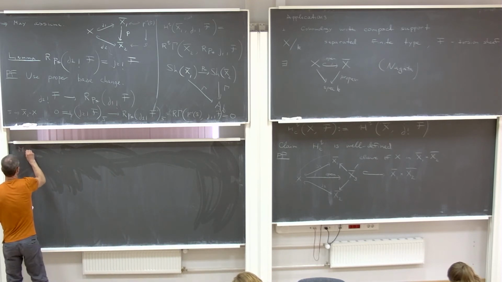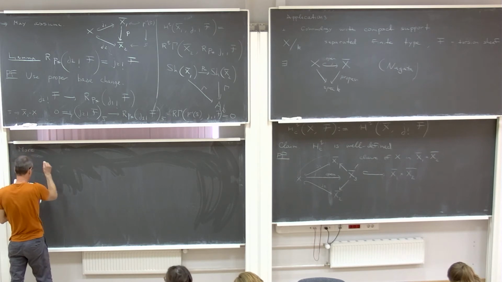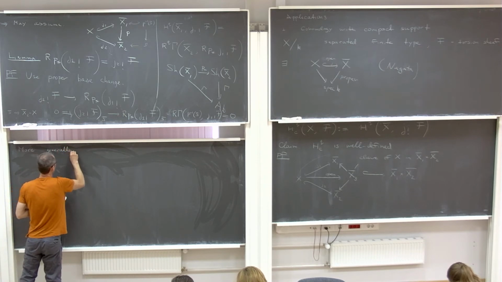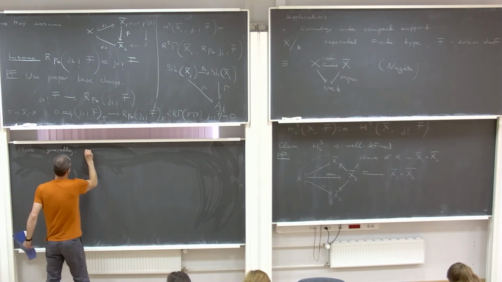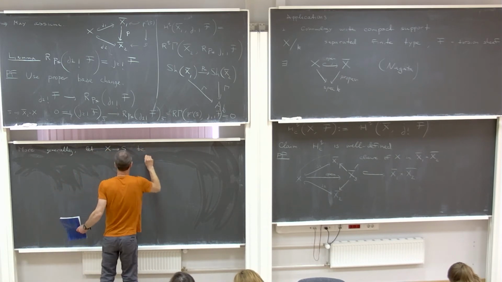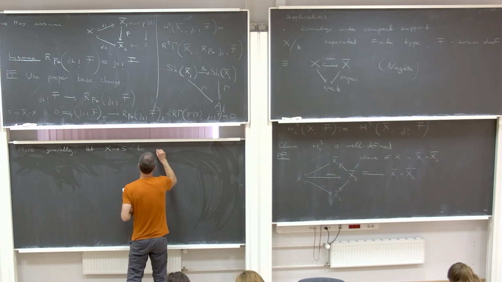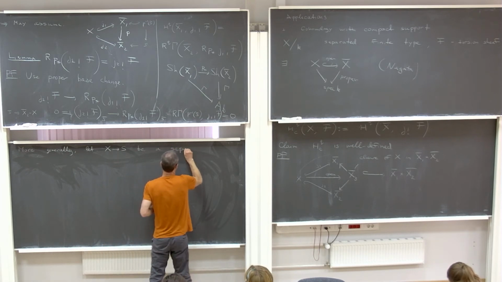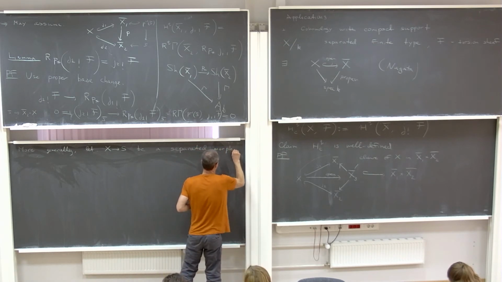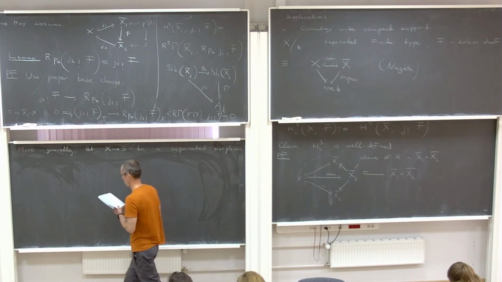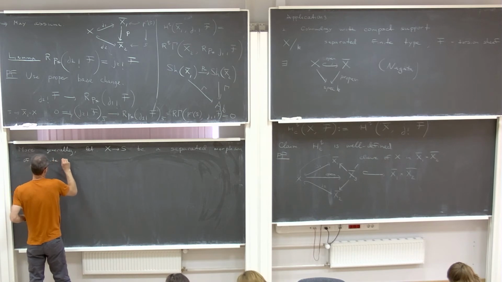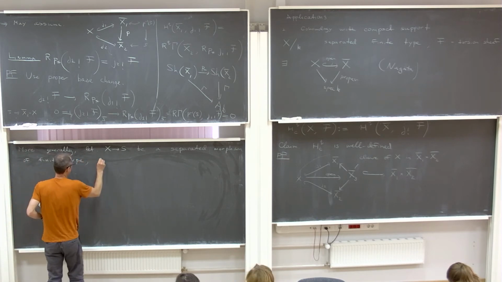More generally, we can define the direct image with compact support. So let X over S be a separated morphism of finite type. S is Noetherian.